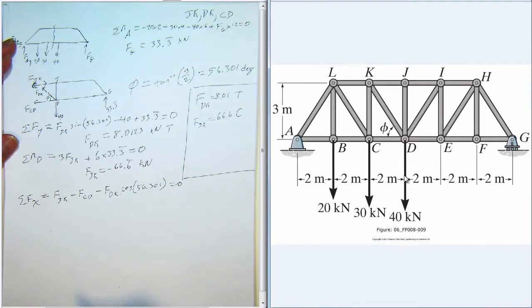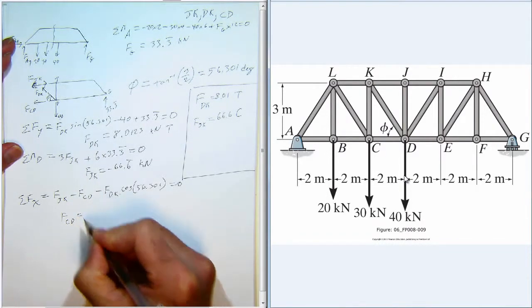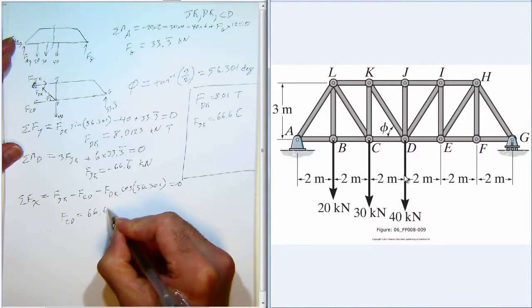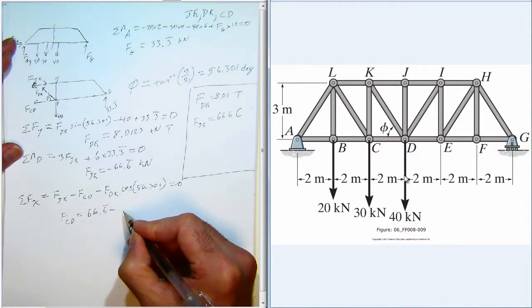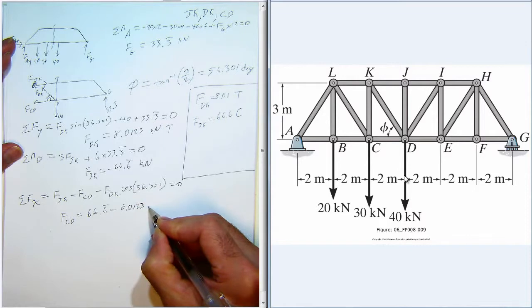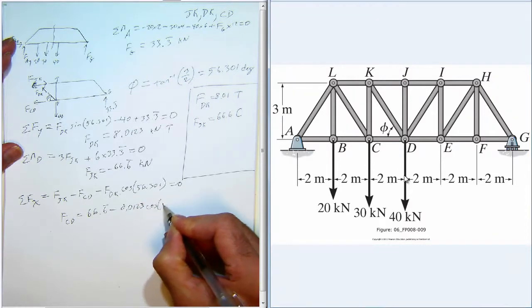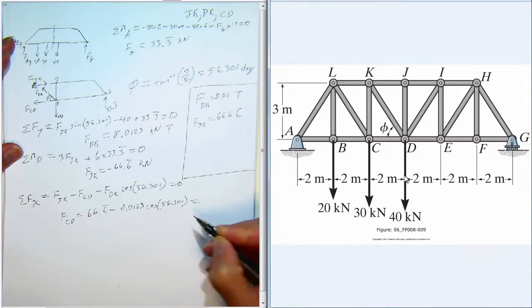So that gives us that FCD is equal to 66.6 repeating minus 8.01223 times cosine of 56, which is 62.2 repeating.